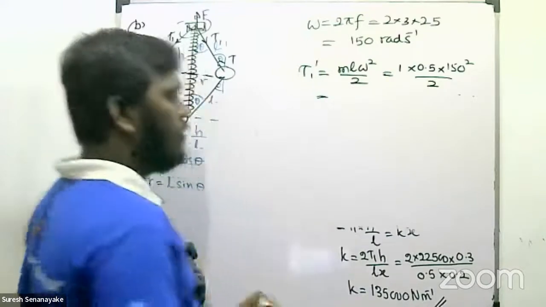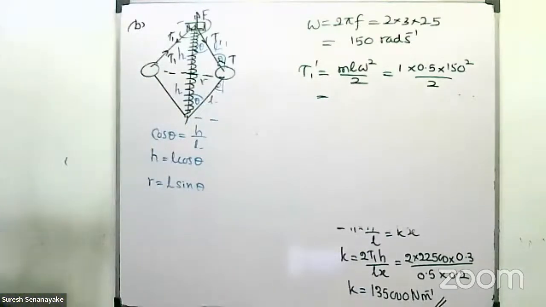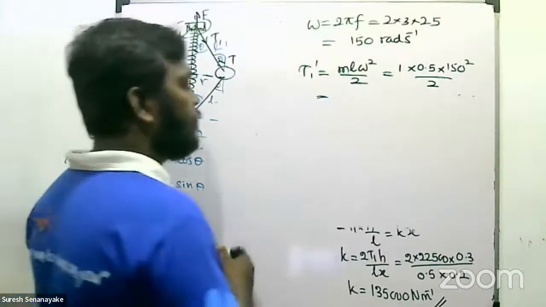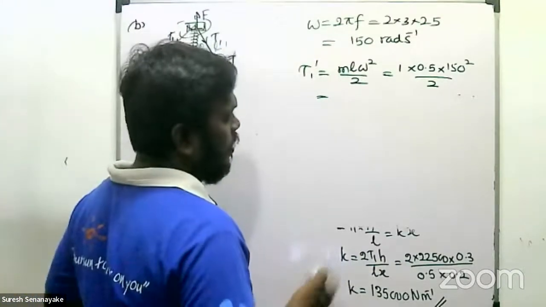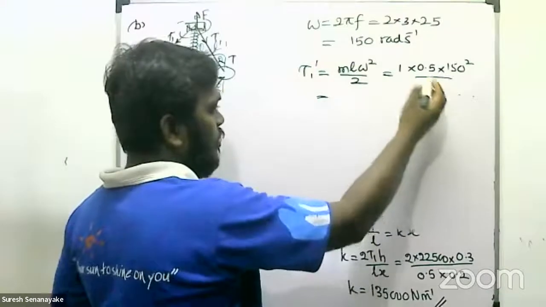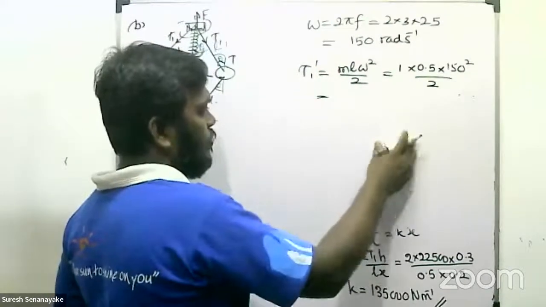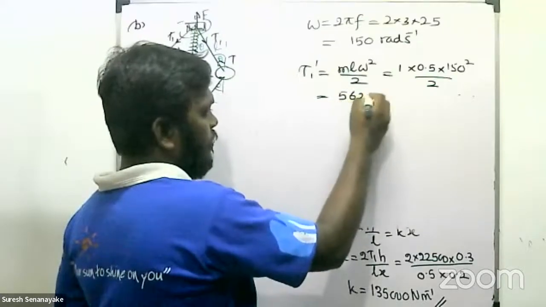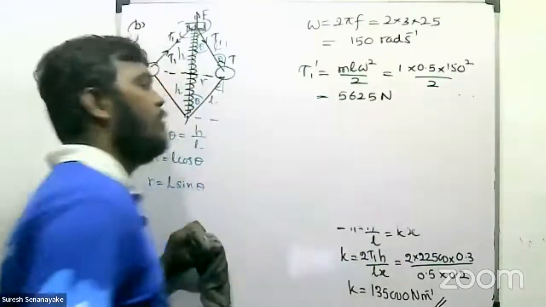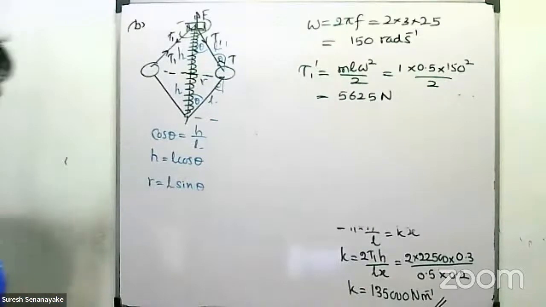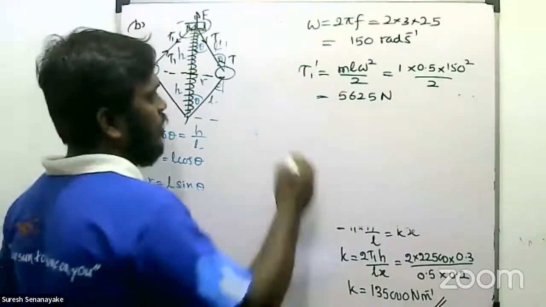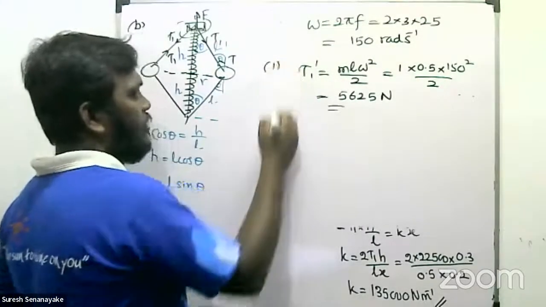That's 22,500 divided by 2, and again divide by 2, that's 4. That's 5,625 Newton. So this is the tension there.